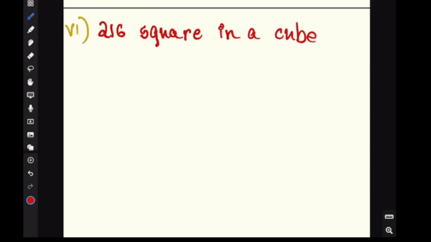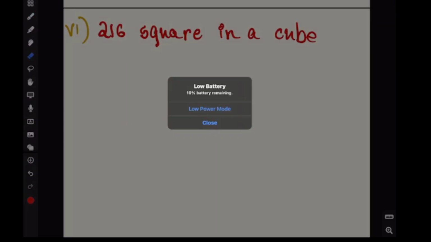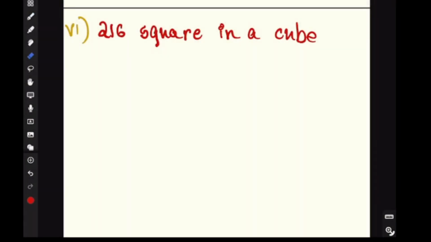Okay, so there are 216 squares in a cube. So we have solved this answer also, and now I could not draw it because we can't draw 216 squares in a cube. It will be very big.